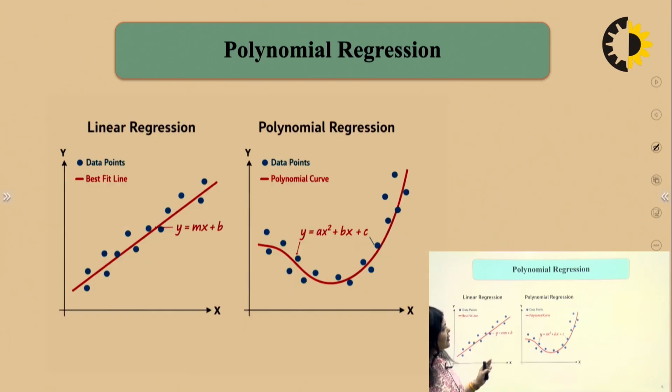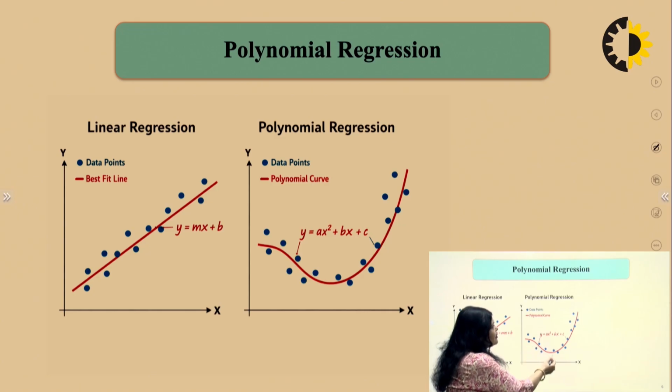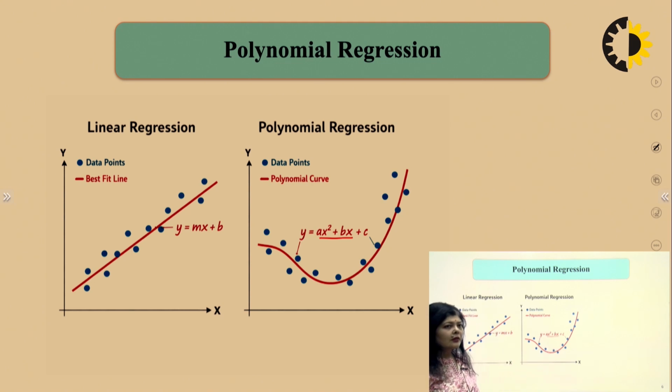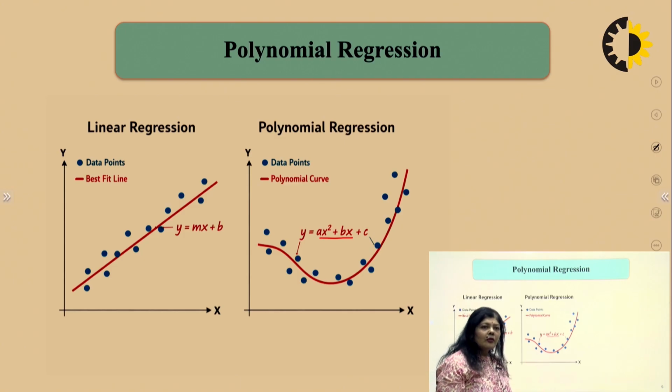So as you can see in this image, this is the curve which we have fitted over the given data points, and based on the spread of this data set, I can fit a polynomial with degree 2 here. You already know what we mean by a polynomial of degree 2.